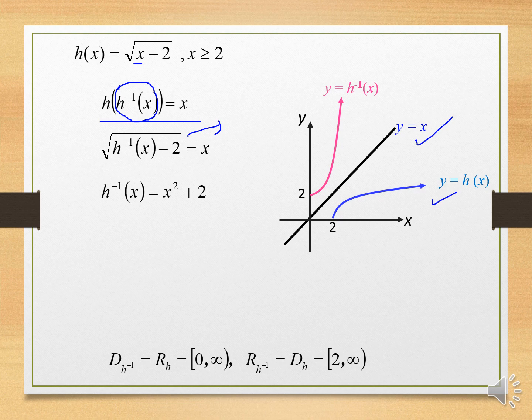The domain of h inverse is from 0 to positive infinity, which is the range of h(x). And the range of h inverse is from 2 to positive infinity, which is the domain of h(x).